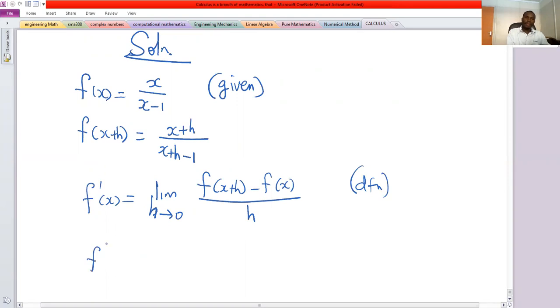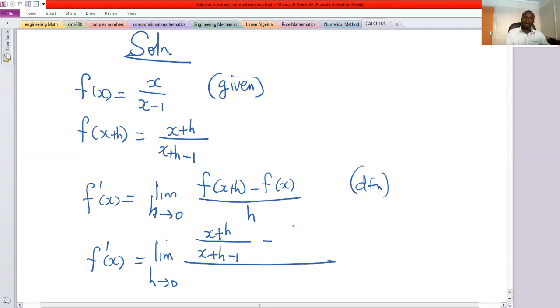So we'll have f prime of x equals the limit as h approaches 0 of x plus h over x plus h minus 1 minus x over x minus 1, divided by h.